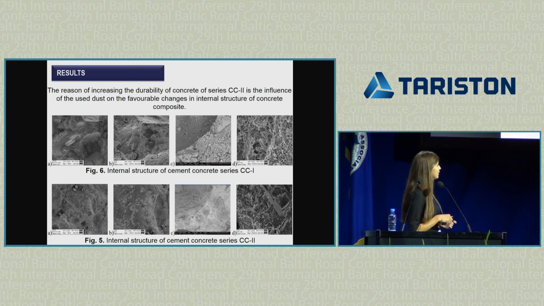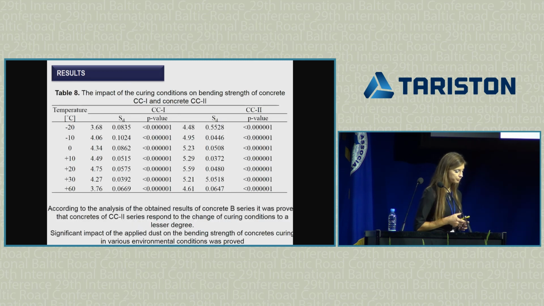Figure 5 presents the microstructure of the cement concrete CC2, and here we cannot see the micro cracks. This layer is continuous in the cement matrix. We can see crystallization different than in concrete CC1, and these crystals of ettringite are not here.